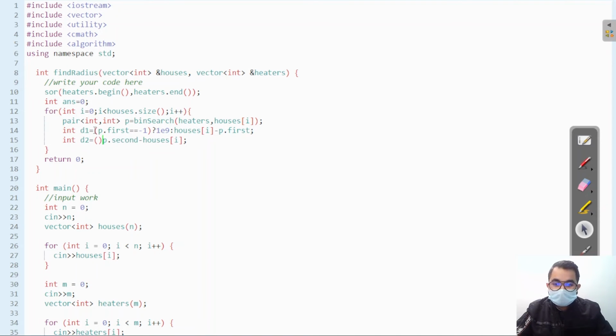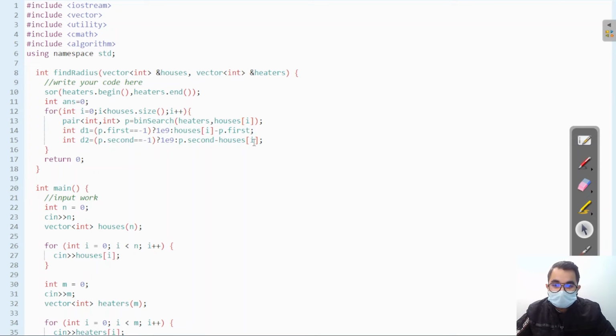You can put any value here, but be sure that this value is much bigger than the actual distance, that is d1 or d2, much bigger than that. Now the same check here: p dot second, and there's no heater on the right side. So if this is equal to -1, then also 1e9.